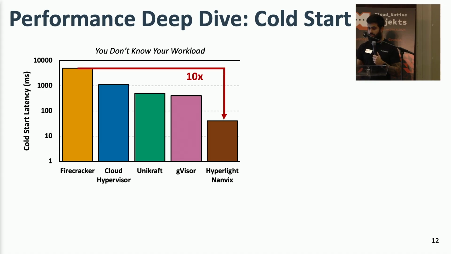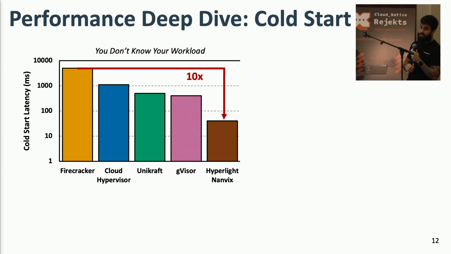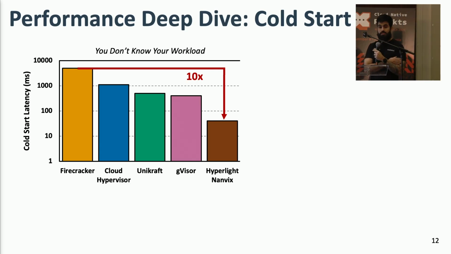When we compare with Firecracker, and notice that this is a log scale graph, we are improving the cold start latency over Firecracker by 10x, just because I can snapshot my system VM and restore it from that snapshot. And for the very lightweight Hyperlight VMs, I can spin them up on demand.